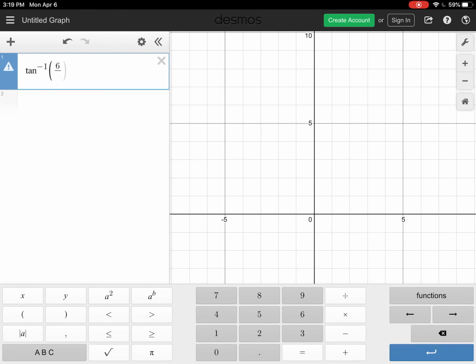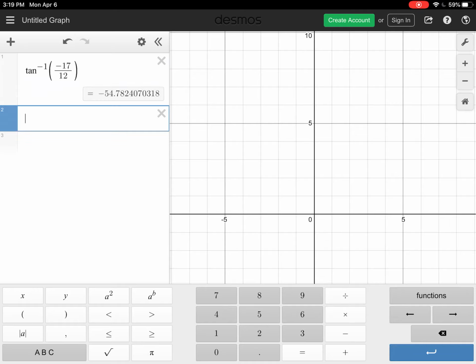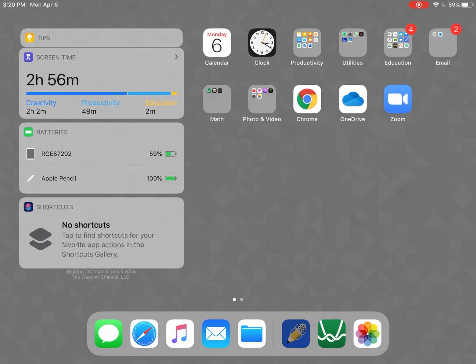All right, so let's go back to visit Desmos. Okay, let's see. I'm just going to clean up this one, if it'll let me. All right, and so in this case, we had negative 17 over 12, and that gives me a negative 54.8 degrees. And then let's do our square root of 12 squared plus negative 17 squared.